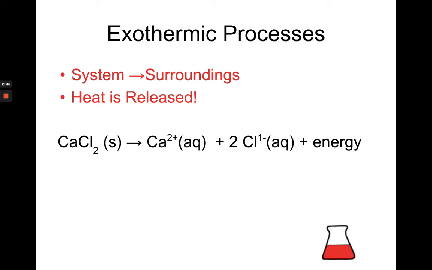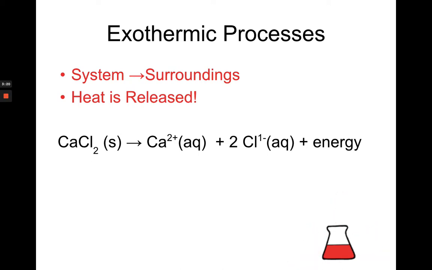A good example of that process is a physical process: the dissociation of calcium chloride in water. If you start with solid calcium chloride and put it into water and have it dissociate, and you feel the outside of the bag of water, or a test tube of water, where it's dissociating, it gets very, very warm.